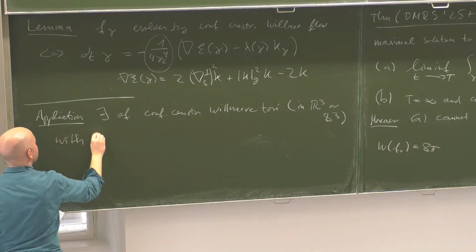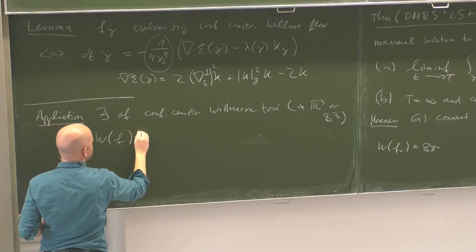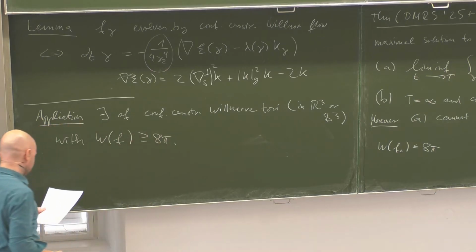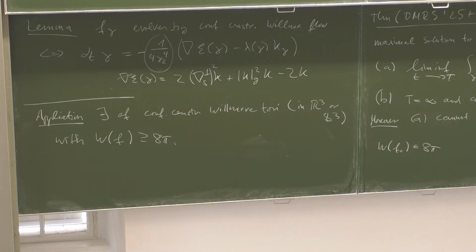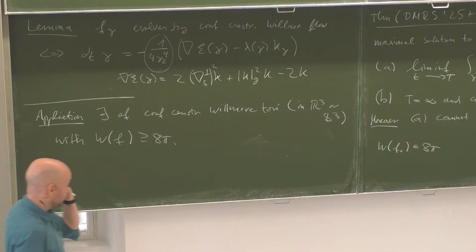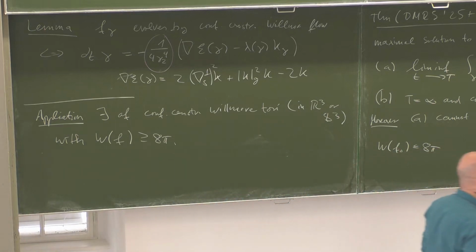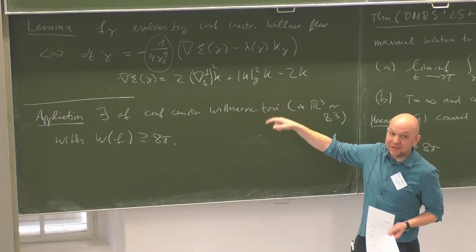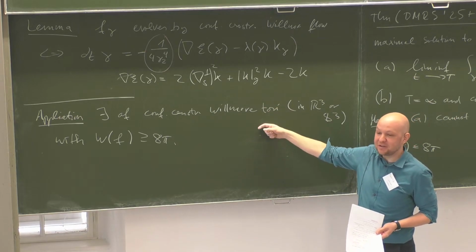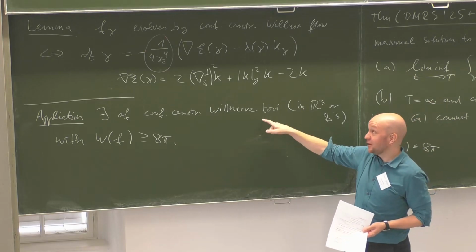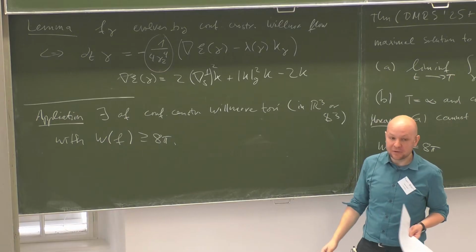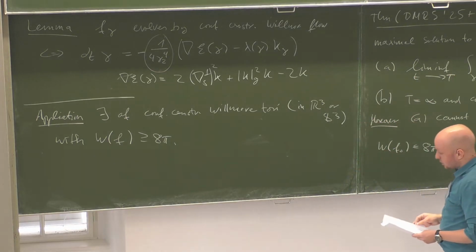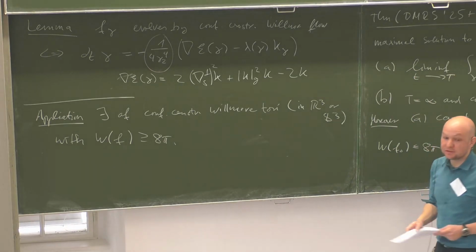They have Willmore energy bigger than 8 pi. In particular, they cannot be treated with the older existence results on conformally constrained Willmore minimizers. Of course, we don't know if these are minimal. We just know that they're critical. They're not maximal. We have one direction where the energy goes up from this limit. Okay. Yes, I think that's all I wanted to say. Thank you.